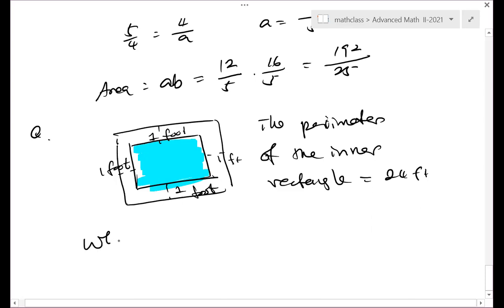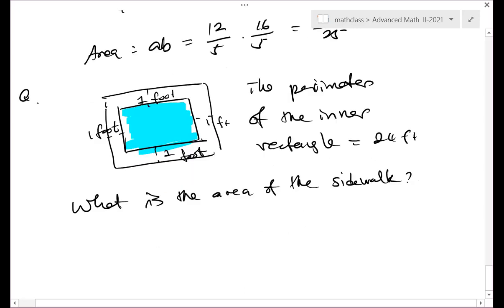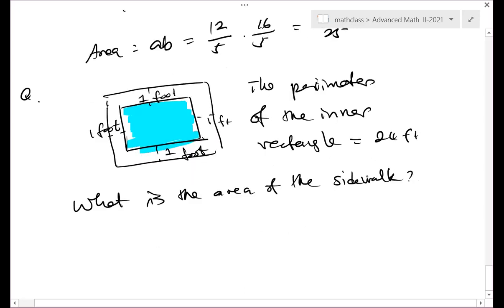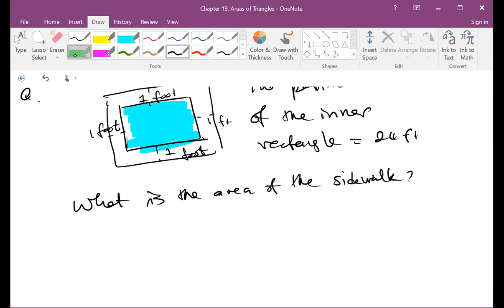Can you find the area of what I call the sidewalk? Can we determine it? The sidewalk is the different color, and I use this color, okay?